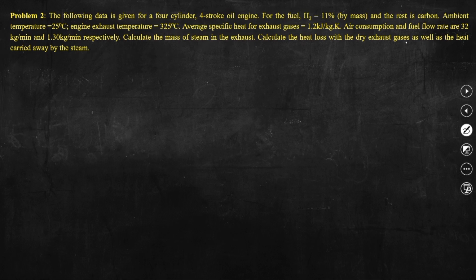If we try to recall the exhaust calorimeter, there are two different streams, one is the stream of exhaust gas and another one is the water stream. In this particular problem, air consumption and fuel flow rate are given. For engine operation we need to supply air and also fuel, because fuel is the energy supplied to the engine. We then calculate the mass of steam in the exhaust.